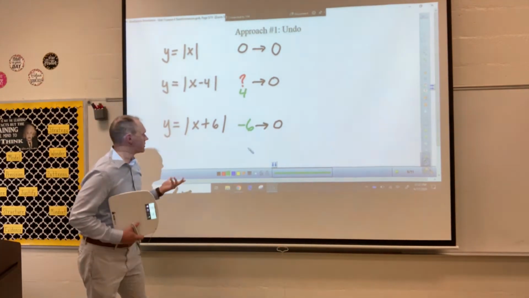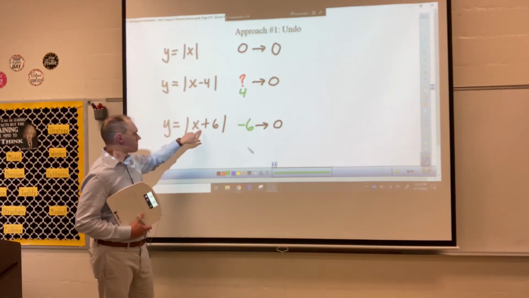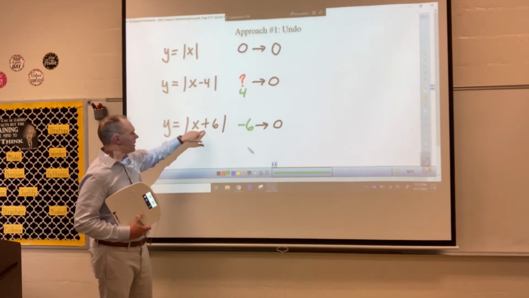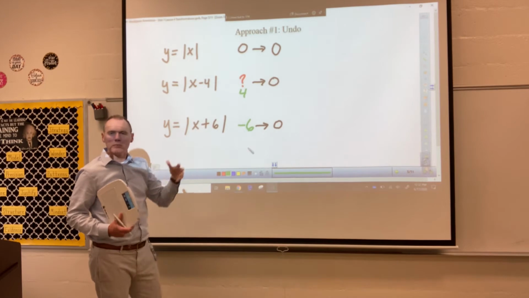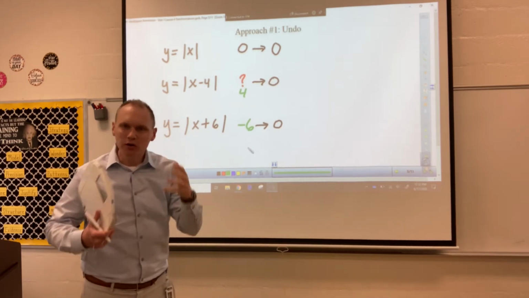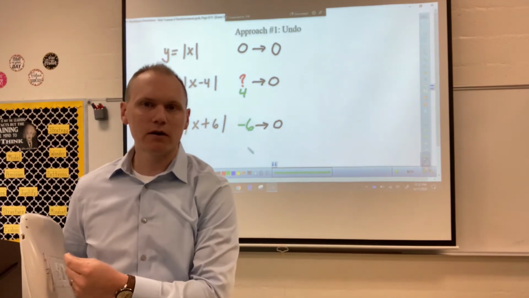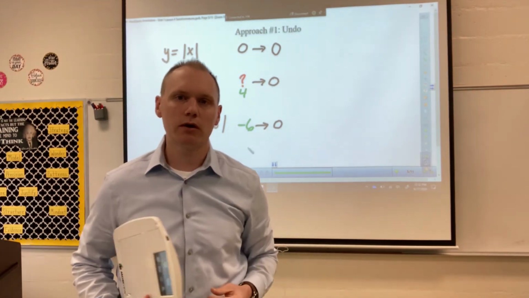I've heard some people refer to this as maybe it's the opposite sometimes, or the inside is lying, but more so it's undoing what's been done to x to get back to that parent function that we started with.